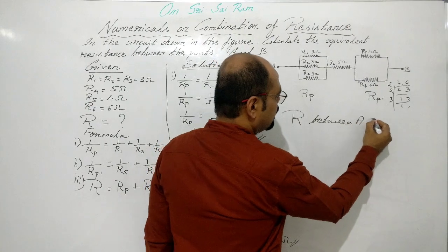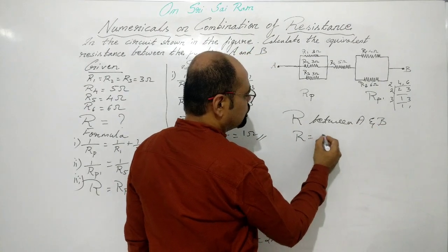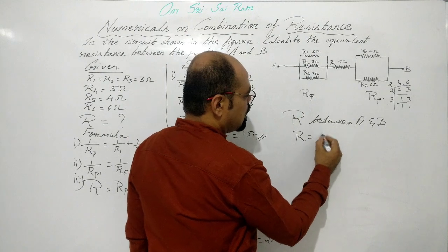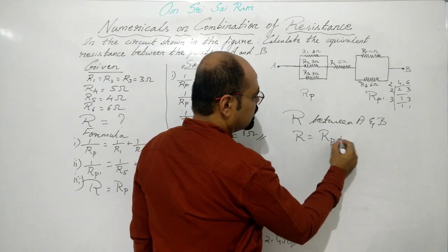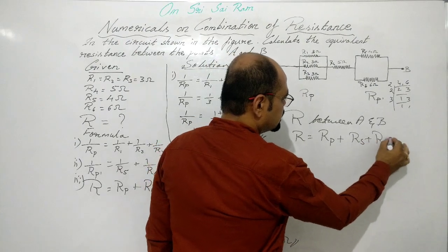Between A and B, R is equal to Rp plus Rs plus Rp dash.